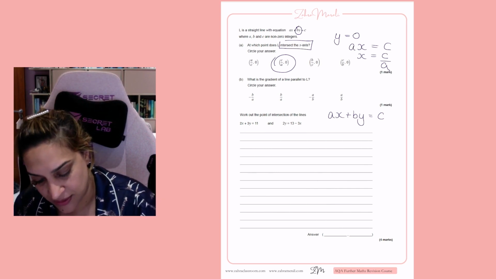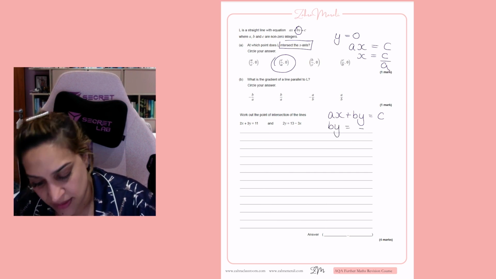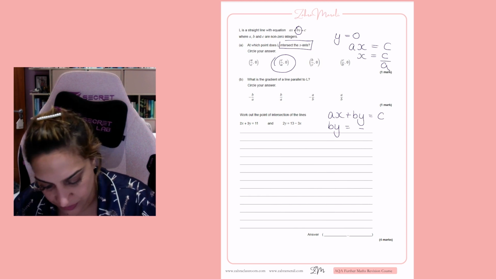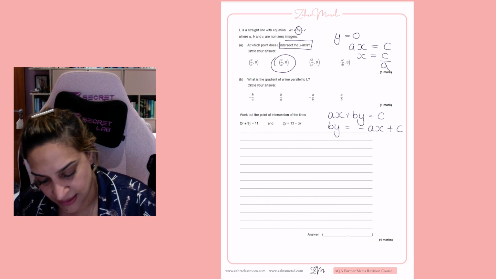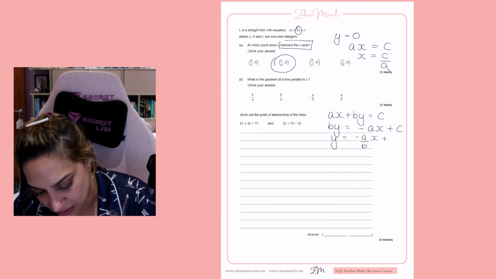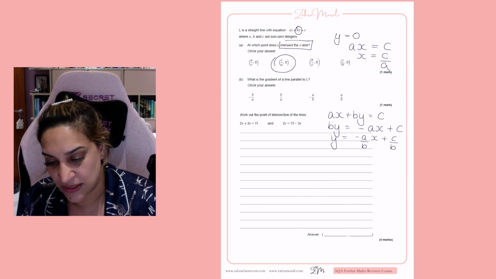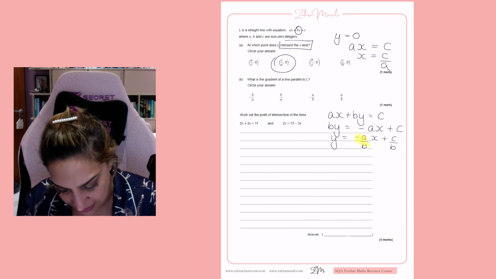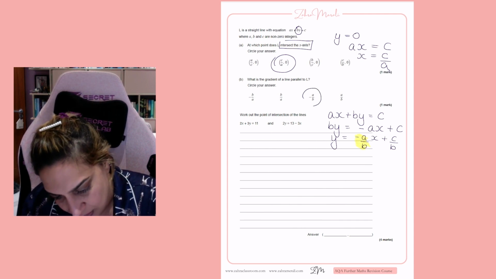So to find the gradient, I'm going to rearrange it to make y the subject of the formula. So I'm bringing the ax to the other side, becomes minus ax plus c. And now I have to divide by b. So putting everything over b, I can put each bit individually over b. And now hopefully you can see that this bit here is your gradient. If I compare it to the options, it's going to be that one there.